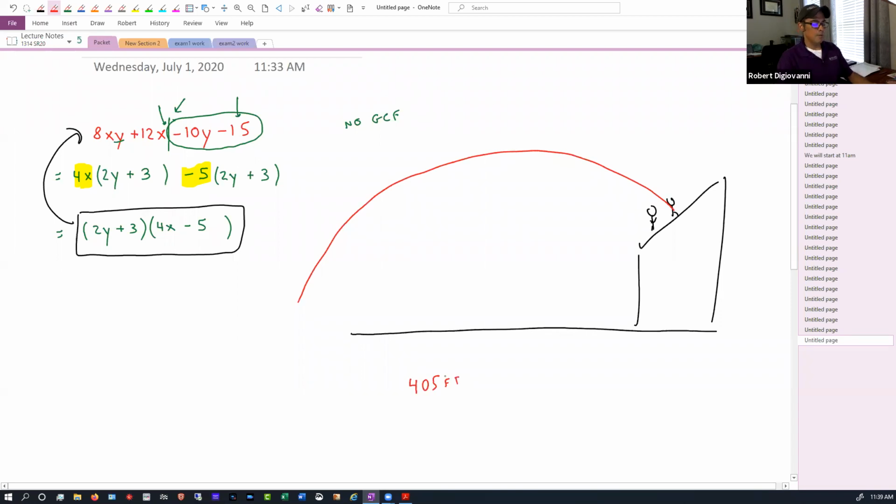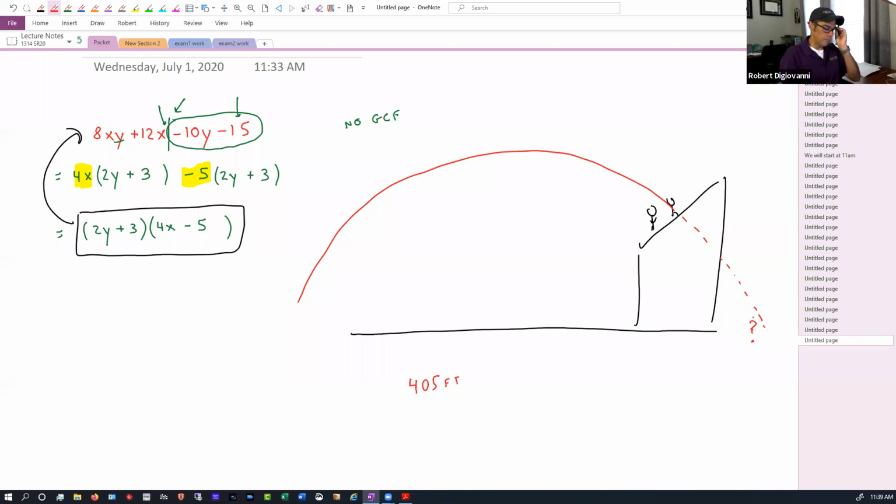When they say 405 feet, they're actually talking about where the ball would have landed had it not hit the stands. So how is it that they can predict how far that would have gone? Well, they have to actually be able to factor to do that. Factoring is an essential part of that calculation. If you can't factor, you can't do it.